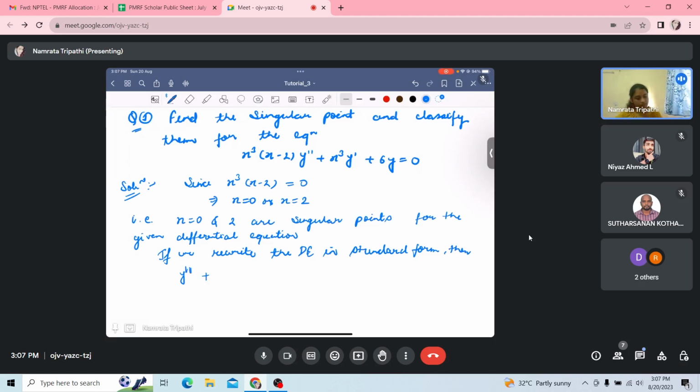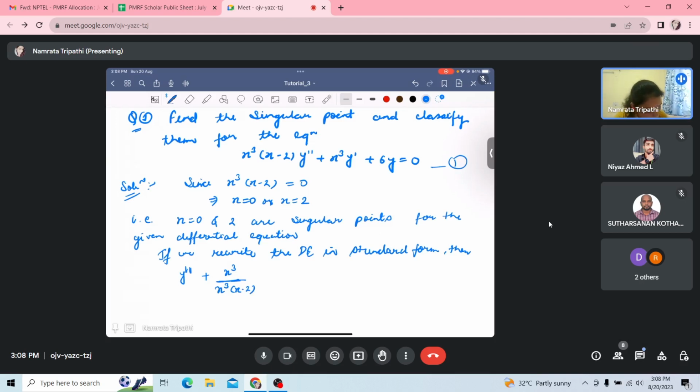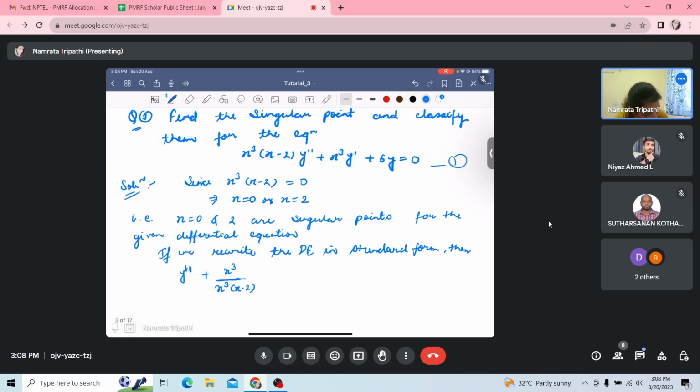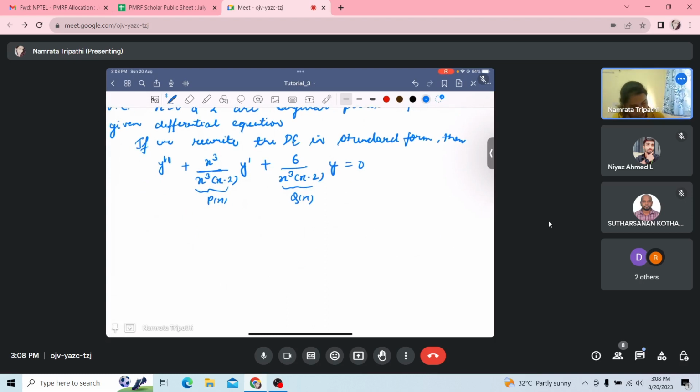To write in this standard form, we can write equation 1 as follows. If we divide equation 1 by the term x cube (x minus 2), we get the standard form. So this is the standard form. Now this is p of x, this is q of x, where x not equal to 0 and x not equal to 2.